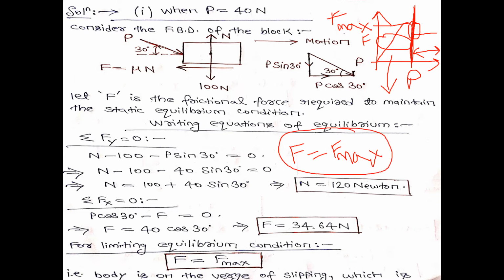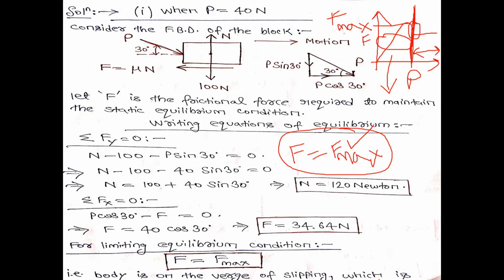Yes or no? Please verify whether I am correct or not. If the applied frictional force is equal to F max, from the diagram I can say that limiting frictional force exists. So I have to find out the value of F max first.